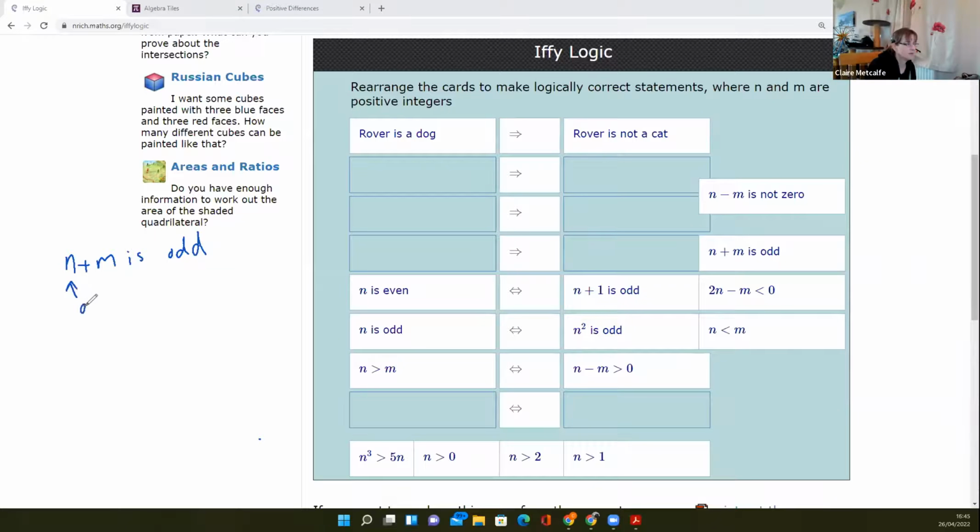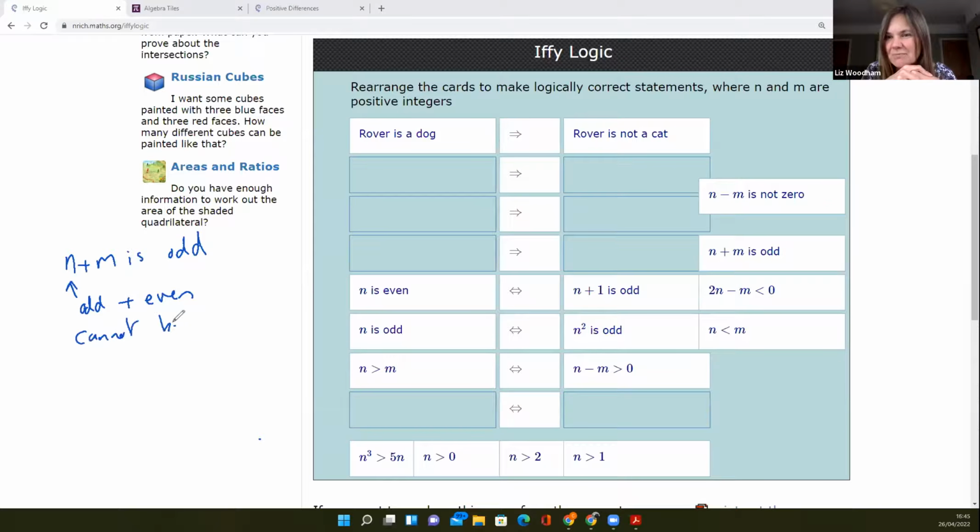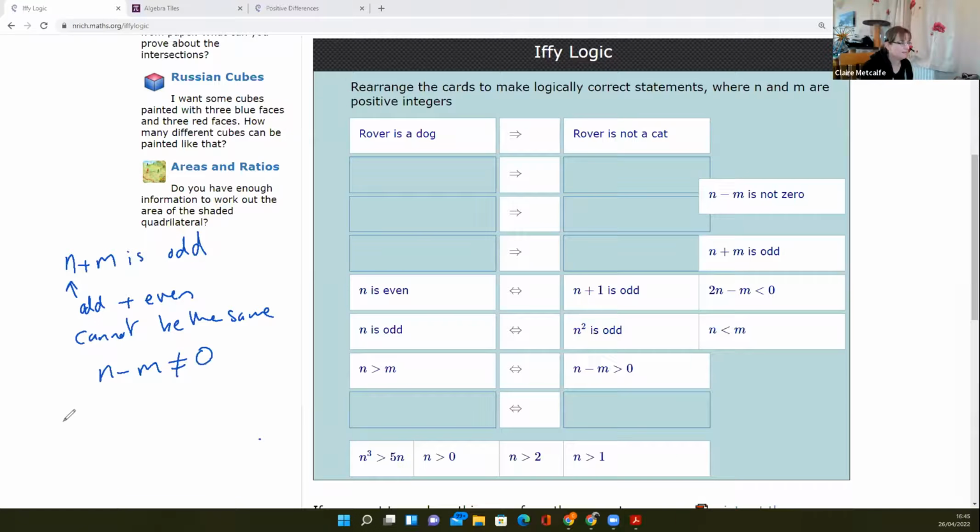Yep. So yeah, they can't be the same. If they cannot be the same number, then n take away m is not 0. Okay. Does that make sense, I wonder? Yeah, I think that makes sense. So m plus n is odd, we think, implies that n minus m is not equal to 0.